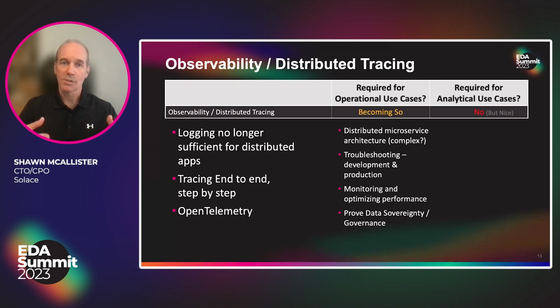And especially for some operational use cases, if you're in a regulated environment where you need to demonstrate data sovereignty or provide proof of data governance, it's much better if you have the ability through tracing to be able to say, this is where the data went, and I can explicitly prove that.